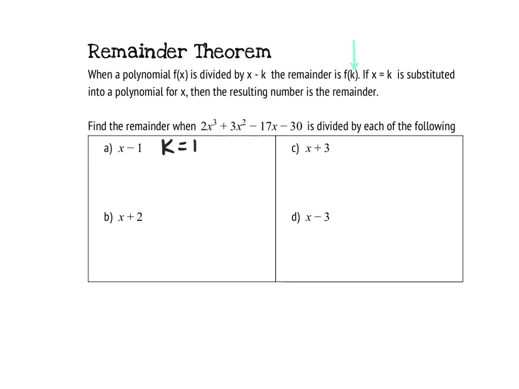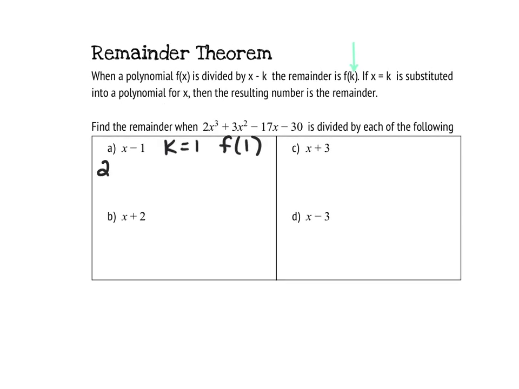So if I take 1 and plug it into my polynomial, whatever number I get out, that resulting number would be my remainder if I had done long division or synthetic division. Okay, so for this particular problem, I have 2, where every x is, I'm going to replace it with 1, plus 3 times placeholder squared minus 17 placeholder minus 30.